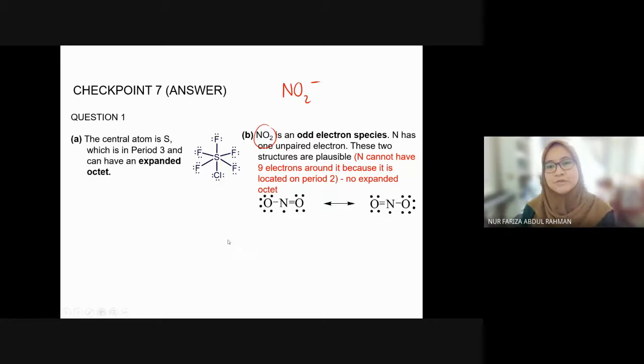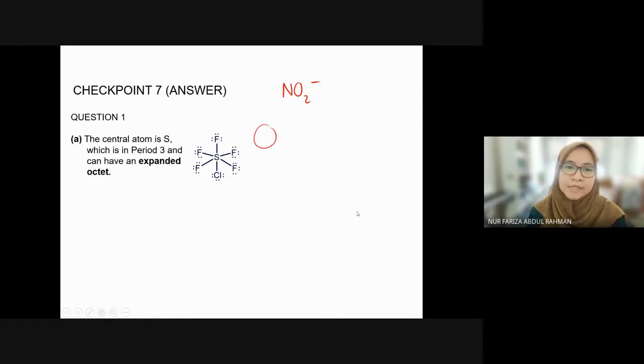So this is how your drawing should look like. Dia sama ada dia begini ataupun dia begini. Dia tukar sebab after all we have 2 oxygen. So it's either the double bond between the second oxygen ataupun the double bond is between nitrogen and the first oxygen. So this is what we call resonance lah. Ni resonance ni, berubah-ubah tempat.